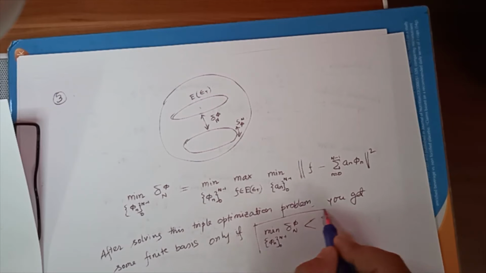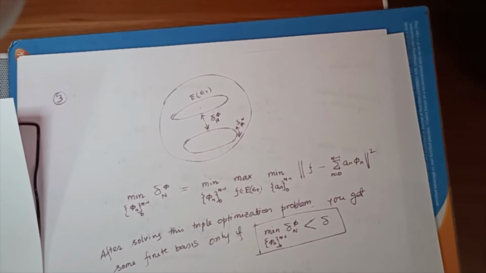So if this is satisfied, then only we can say that this finite set of bases will approximately approximate this space E epsilon t.